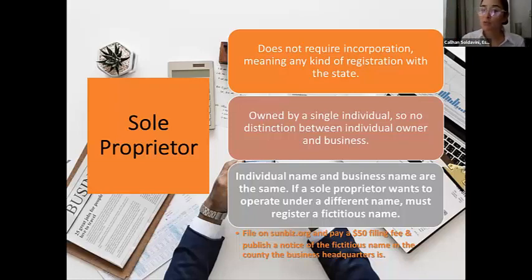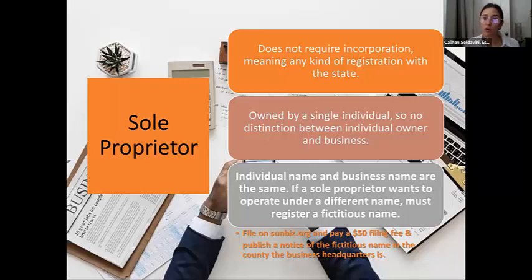Finally, the name of the business has to be the sole proprietor's actual legal name. So if your name is John Smith and you're operating ABC Company, you actually have to register that fictitious name, ABC Company.